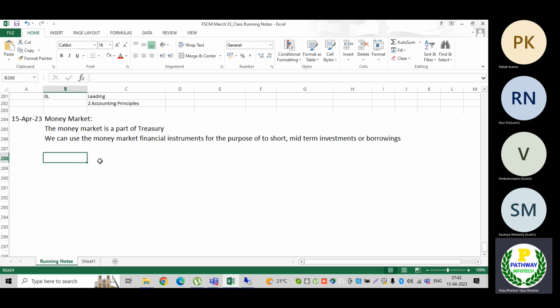Then what we need to do, with the help of the money market, is look at what kind of product types there are in the money market. I will explain the money market products once again.